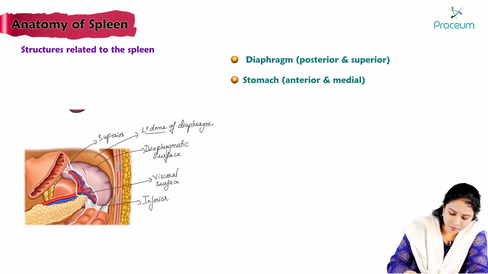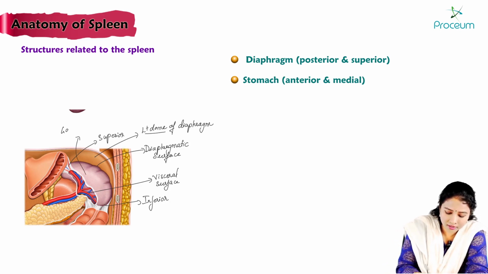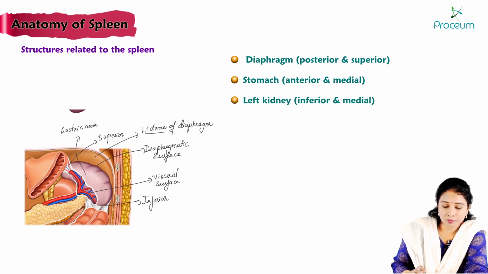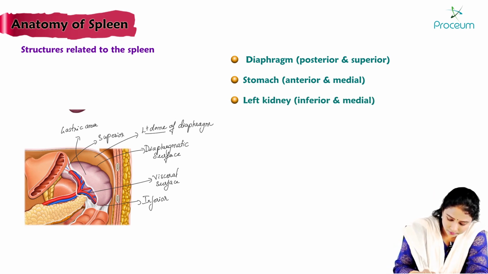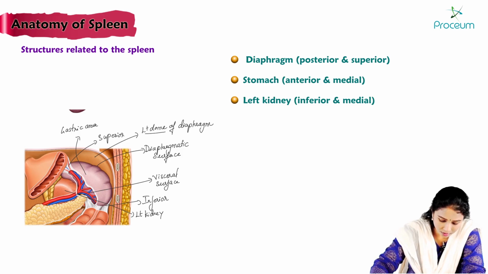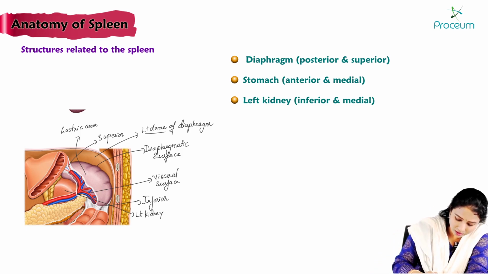So here the stomach is related, which is called the gastric impression or gastric area, and spleen is related to the left kidney on its inferomedial side. And also above the left kidney is the left suprarenal gland.